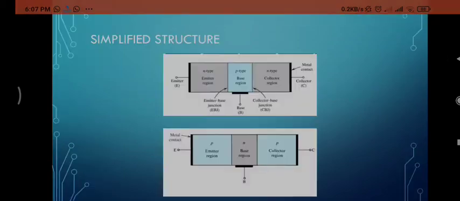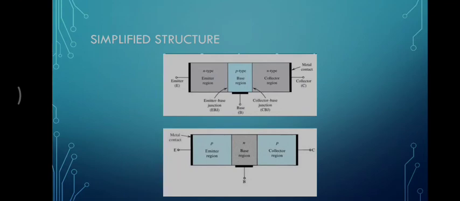So here we will talk about the structure of BJT and why they are called bipolar junction transistors. I have shown a very basic schematic diagram of a BJT, a simplified structure. A practical transistor will be shown later when we go into more depth.